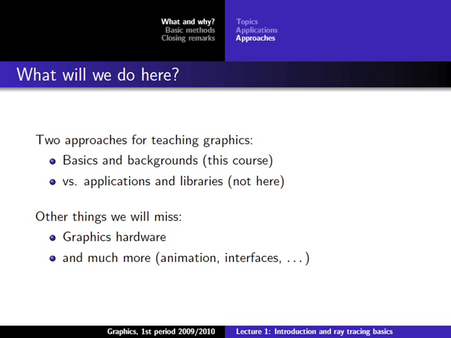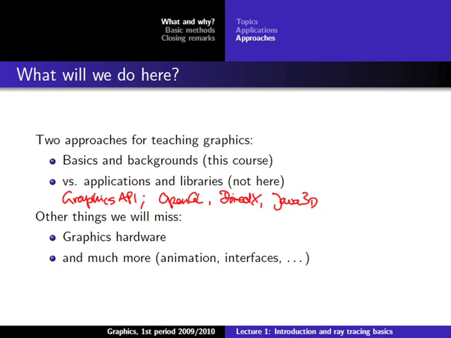Usually when you do graphics programming, you use a graphics API. Common examples: OpenGL is probably the most popular one. From Microsoft you have DirectX, or you have Java 3D, which is a graphics library for Java. That's what most people do when they program.